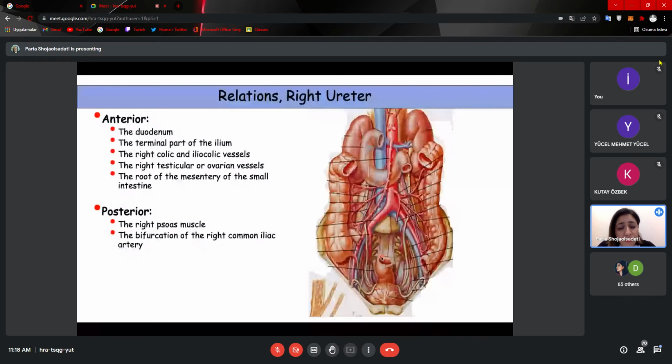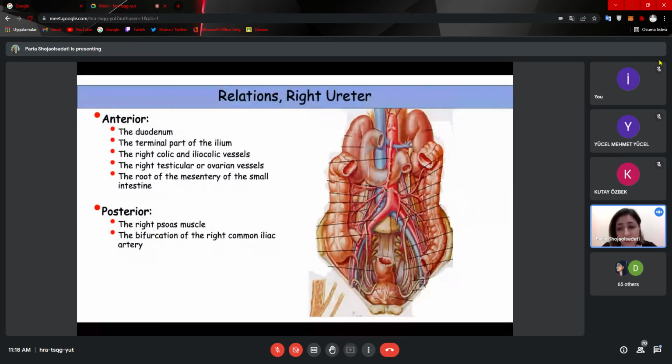These organs, or this part, have different relations. For example, the right ureter is related to different organs. As you can see in here, the first, initiating part is in contact with the duodenum, the terminal part of the ileum, and the right colic and ileocolic vessels are located on the anterior surface of the right ureter.